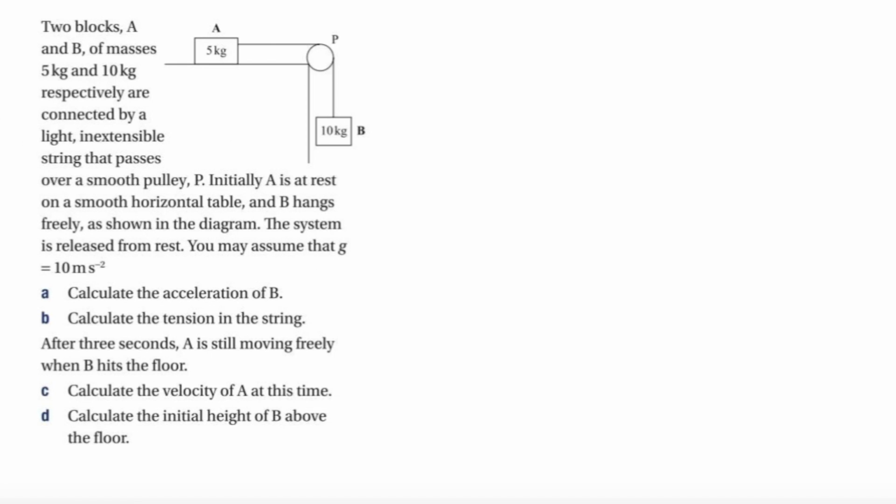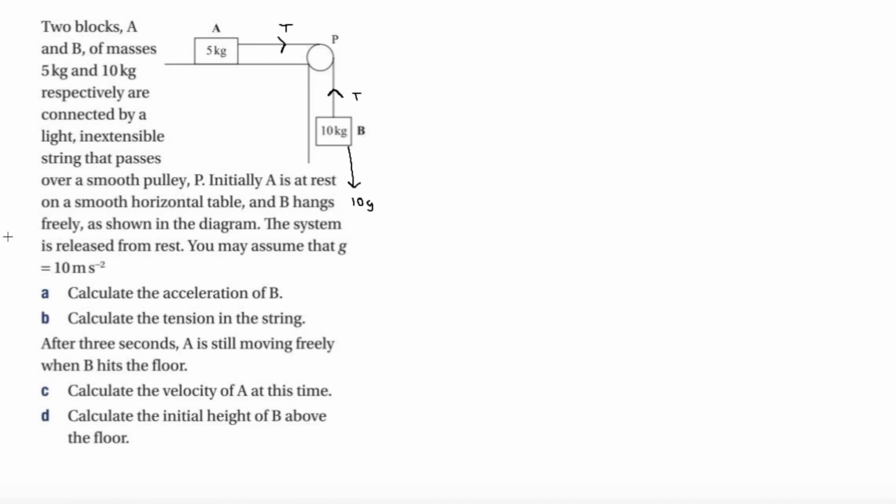And this is using some knowledge from the previous two videos, so we have this idea of weight. So going down here, it's going to be 10G. We've also got tension here, and we have tension here, which are going to be the same. And that is how we look at a pulley.